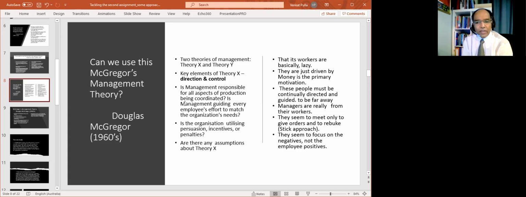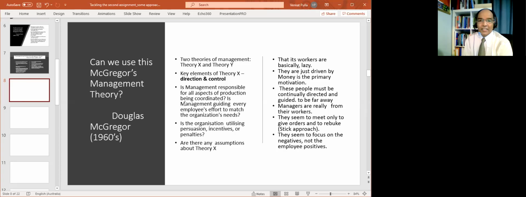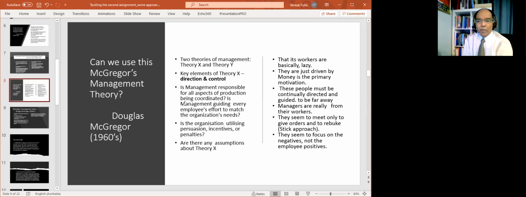Are there also any other assumptions about theory X? People are rank lazy. Workers are very, very lazy. Their motivation is primarily just to get their monthly, fortnightly or weekly pay, whatever it is, and some incentives here and there. They're driven just by money. Money is their motivation. These people must be continually directed and guided.